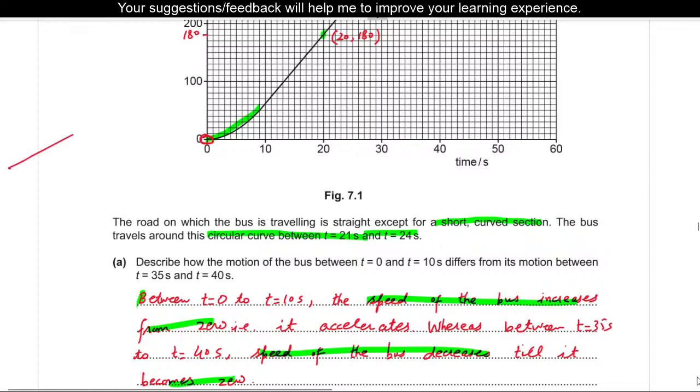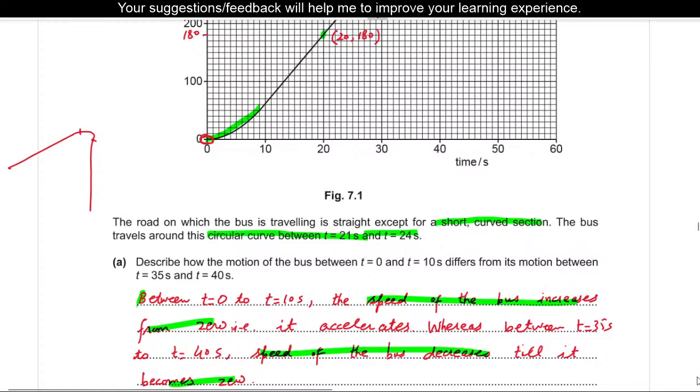Suppose this is a straight path and this is a short circular curve from 21 seconds to 24 seconds. When the bus moves along this circular path, there will be a resultant force, because although its speed is constant, its velocity is changing because its direction is changing.